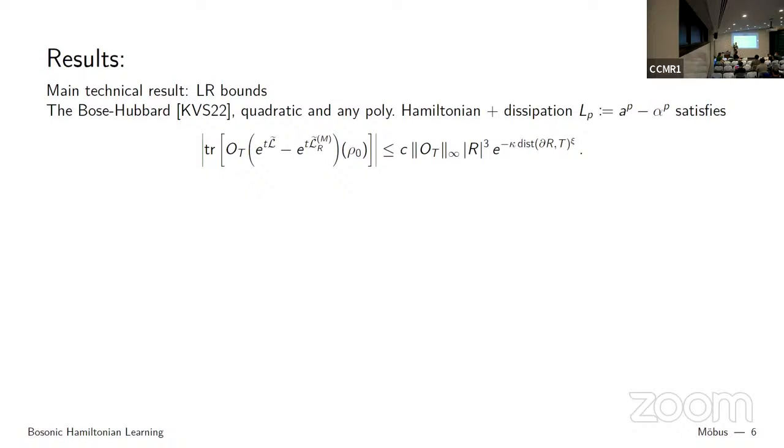If you assume, for example, nearest-neighbor interactions on a lattice, which is the case for the Bose-Hubbard model, then it depends on the system size logarithmically in M. This is where the logarithmic dependence on M comes in. If you now do K-local Hamiltonians, we're doing the Lieb-Robinson bound for K-local Hamiltonians, but not the learning, though we expect it works in the same way. Then it would depend on locality.